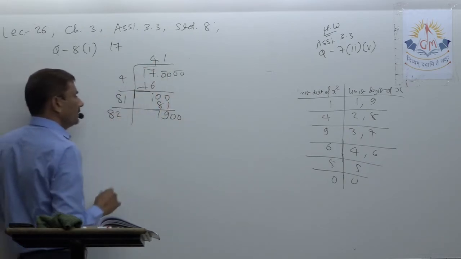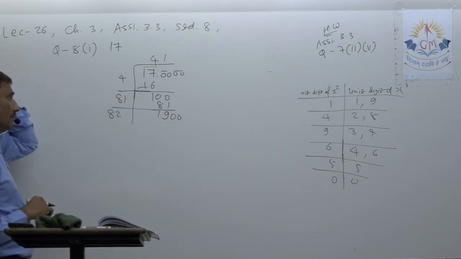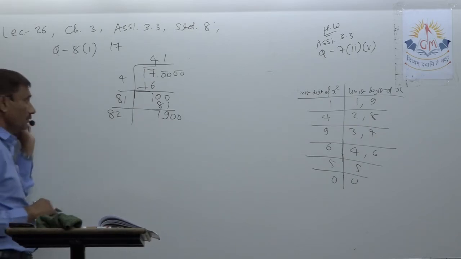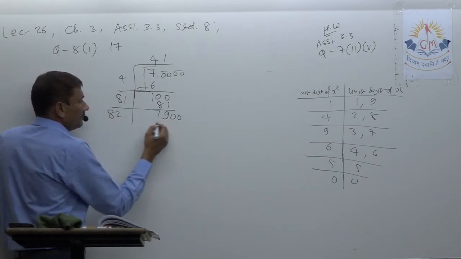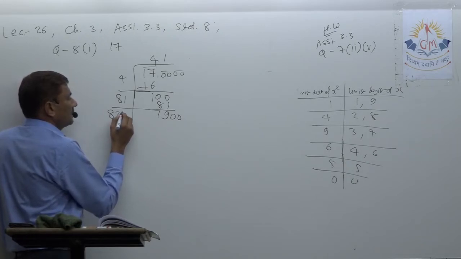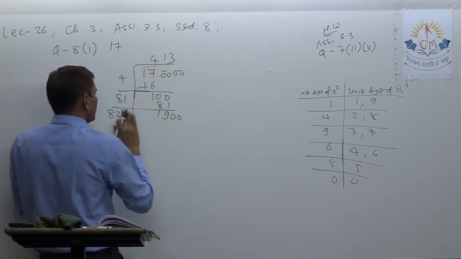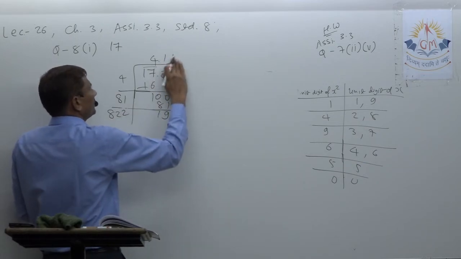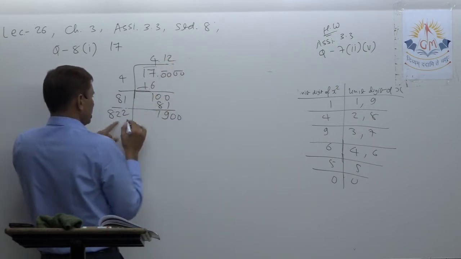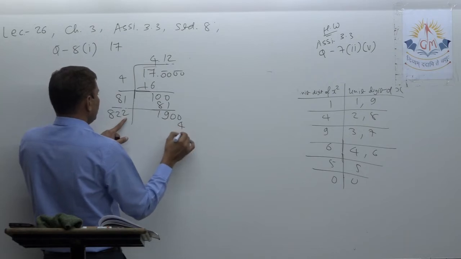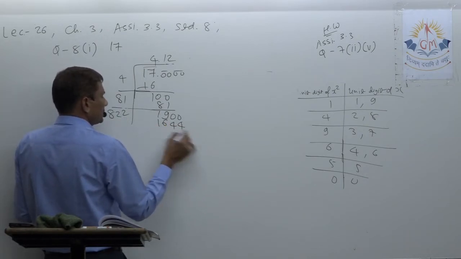So again 8 to 1 into 1, 8 to 2 into 2, because 8 3s are 24, maybe what? So 8 2 3 into 3 may be there. So like that, 8 2 2 into 2, 8 2 2 into 2. So 2 2s are 4, 2 4s are 8, 2 8s are 16.